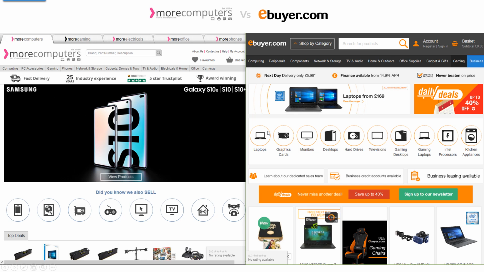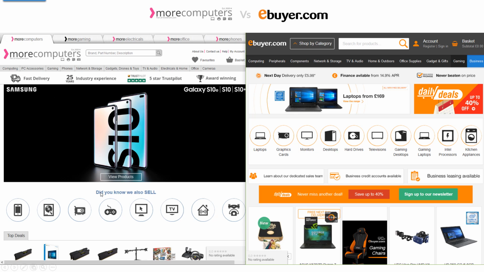They're more focused on marketing and keeping up to date with everything. More Computers are a more traditional company. They are certified by the Queen. I don't know if it's their company specifically, More Computers, or it's their mother company, but they are certified as suppliers of technology to the United Kingdom by the Queen, so I'm sure that they rest upon that quite a lot. The difference in these two websites is immense.